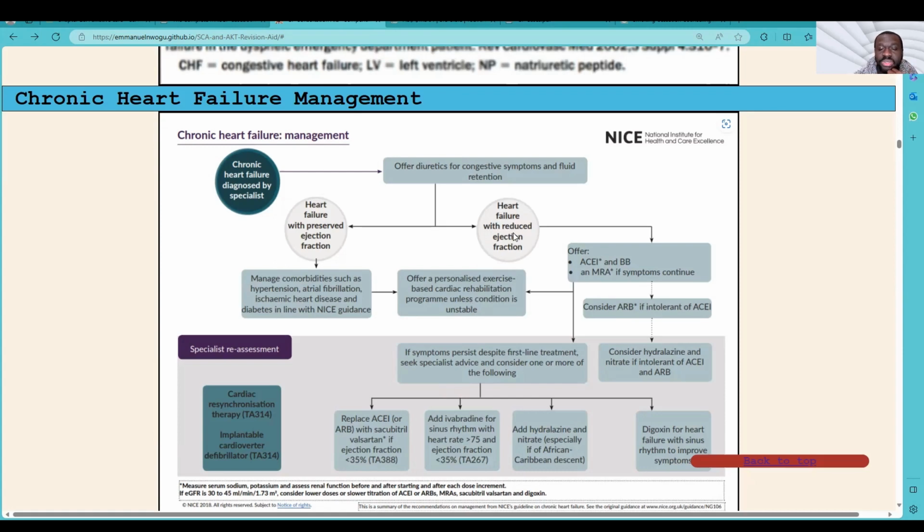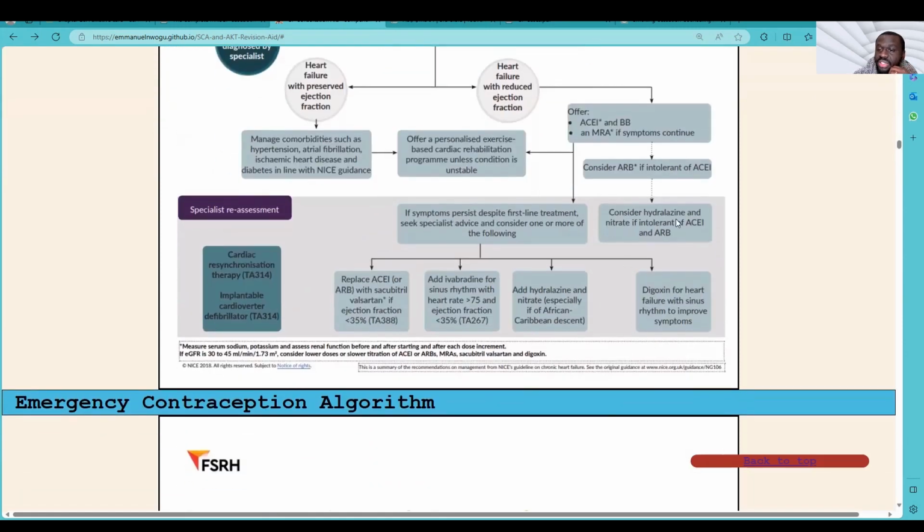If the heart failure is with reduced ejection fraction, you offer an ACE inhibitor or ARB and a beta blocker like bisoprolol. You can prescribe a mineralocorticoid receptor antagonist like spironolactone if symptoms continue. Consider an ARB if intolerant of ACE inhibitor. Consider hydralazine and nitrates, so isosorbide mononitrate and hydralazine, if intolerant of ACE inhibitor and ARB.